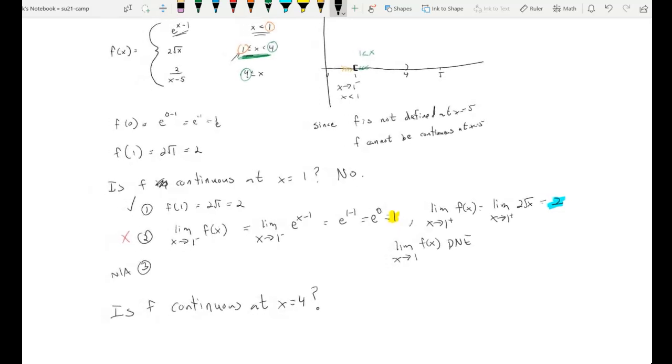Well, you'll go through the same procedure. So is the function defined at 4? Well, heck yeah, right? So when x equals 4, what is the value of our function? Oh, I see what happened.